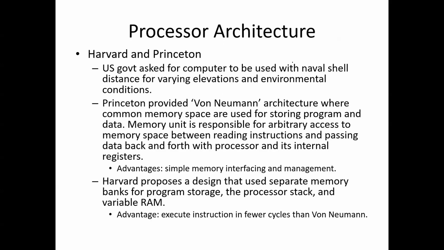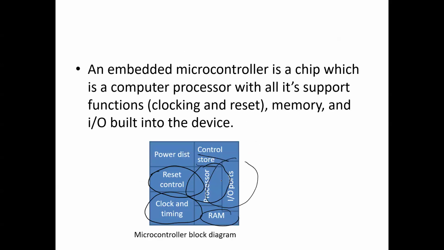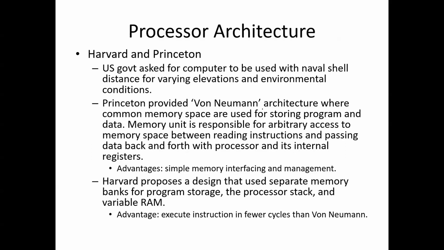Next, at the start of this lecture I said that in a microcontroller one part is a must. It is called the processor. This processor is nothing but the brain of a microcontroller.